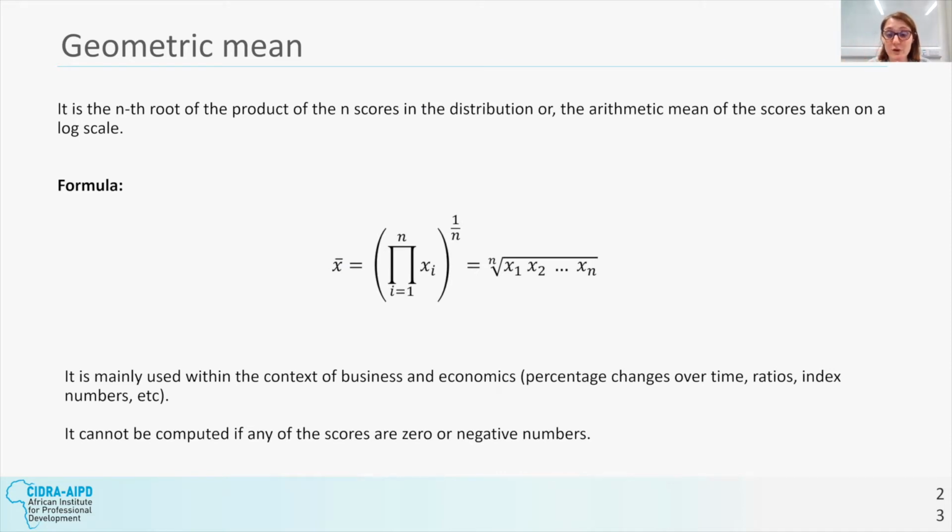For example, to measure percentage changes over time, ratio, index number, and it can be computed only for values which are above 0. This happens because the geometric mean can be seen as the arithmetic mean of the observations in a sample expressed in a logarithmic scale.